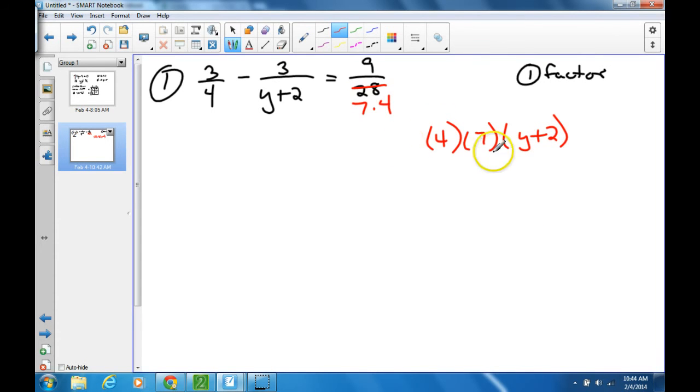I'm going to leave it like this, just to make it easier. I'm going to multiply each of my terms by this common denominator. So I'm going to multiply it by 4, 7, and y plus 2. Wait, I thought you didn't multiply it by the one that's already in there.